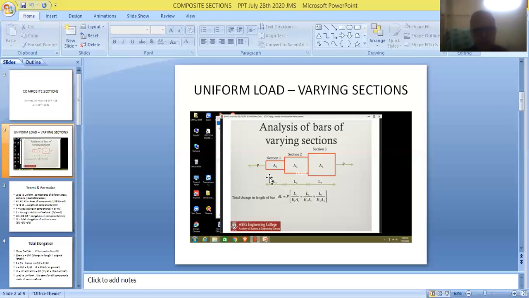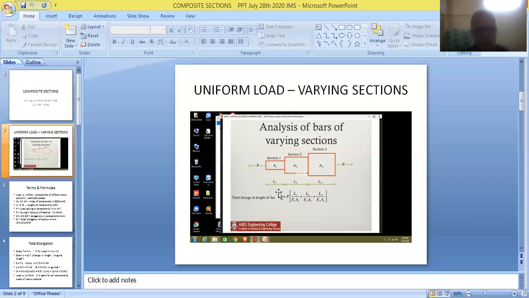So capital P for indicating the load acting on the section, capital A for indicating the areas of various components, and it is better to take small l for representing the lengths of the components.